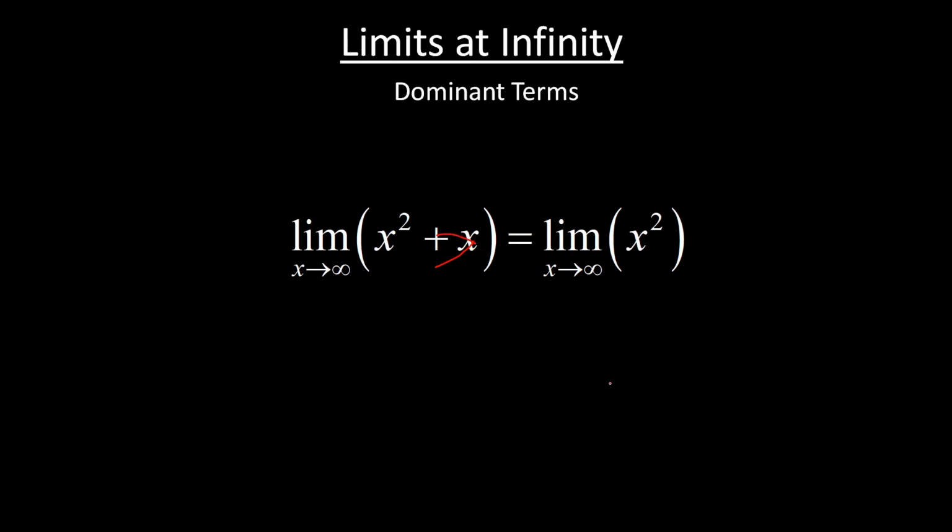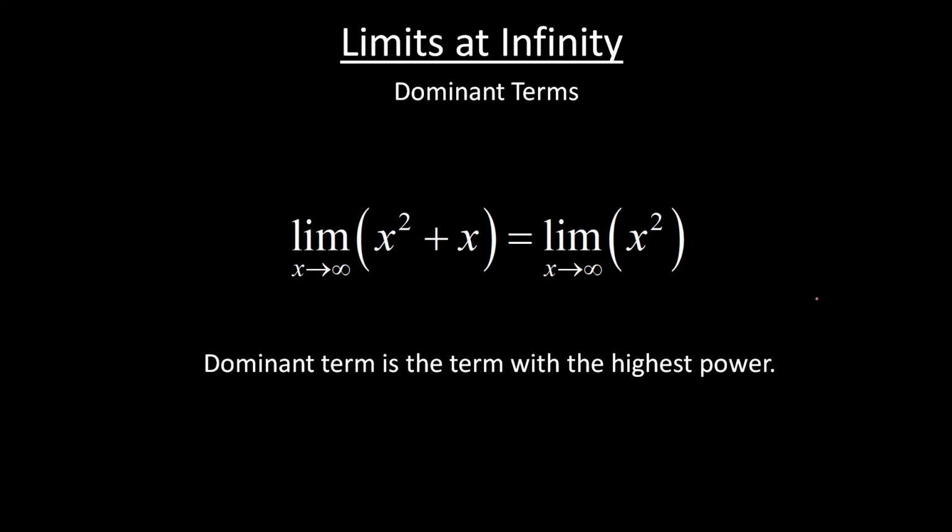It doesn't contribute anymore in any significant way. So again, the dominant term is the term with the highest power. And what we're going to do is choose the dominant term and then ignore everything else.